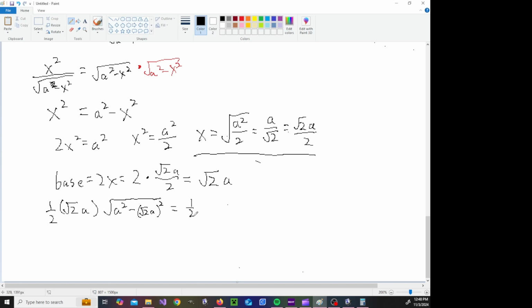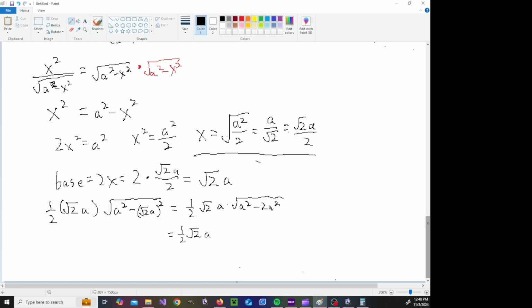So 1/2 times root 2a times the square root of a squared minus 2a squared. Well, a squared minus 2a squared.